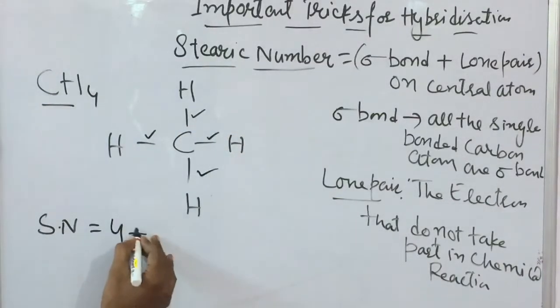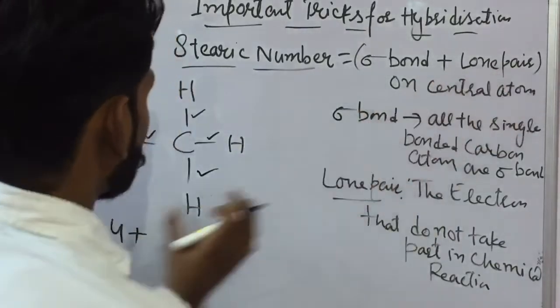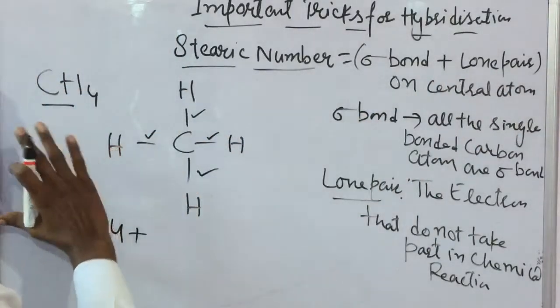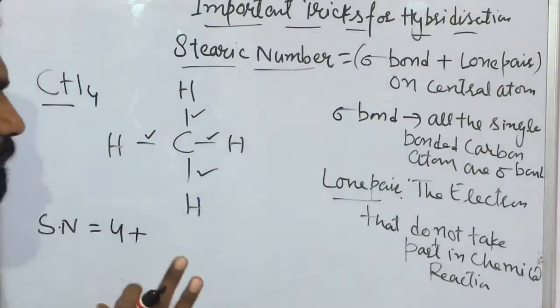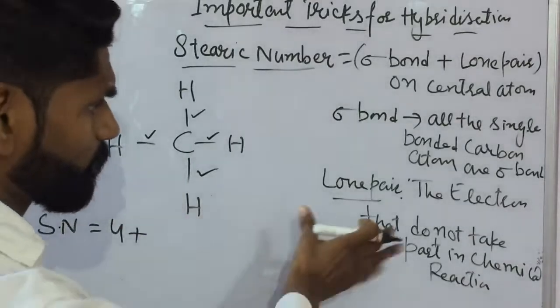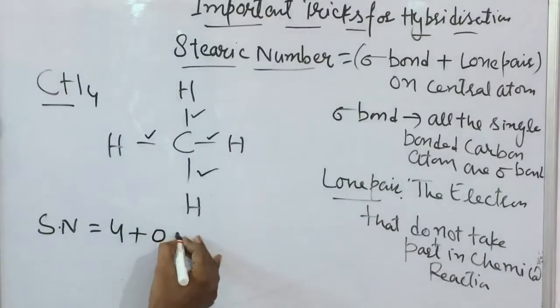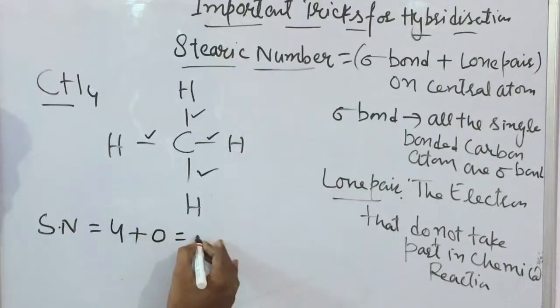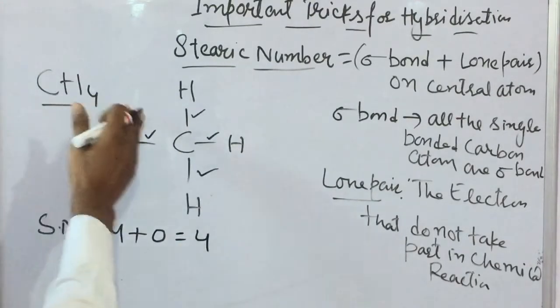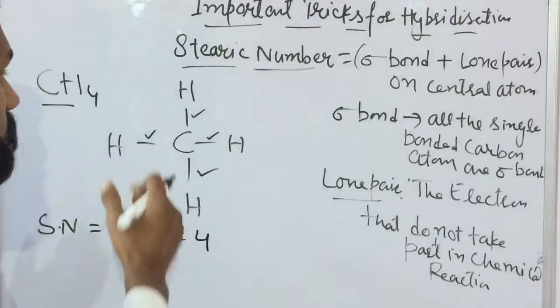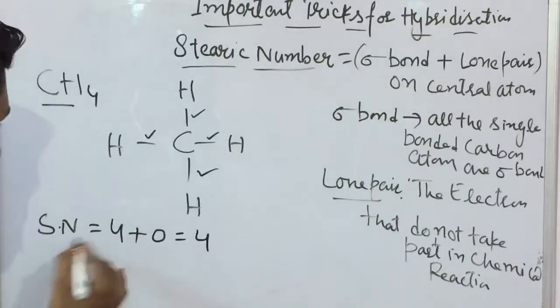Sigma bonds come to 4, plus lone pairs. In this structure, there are no lone pairs that do not take part in chemical reactions, so we write 0. And the steric number comes to 4 for the methane structure.